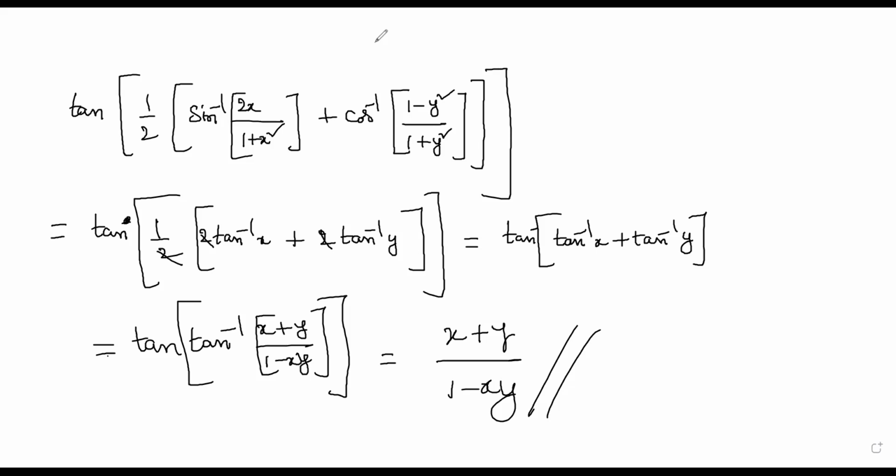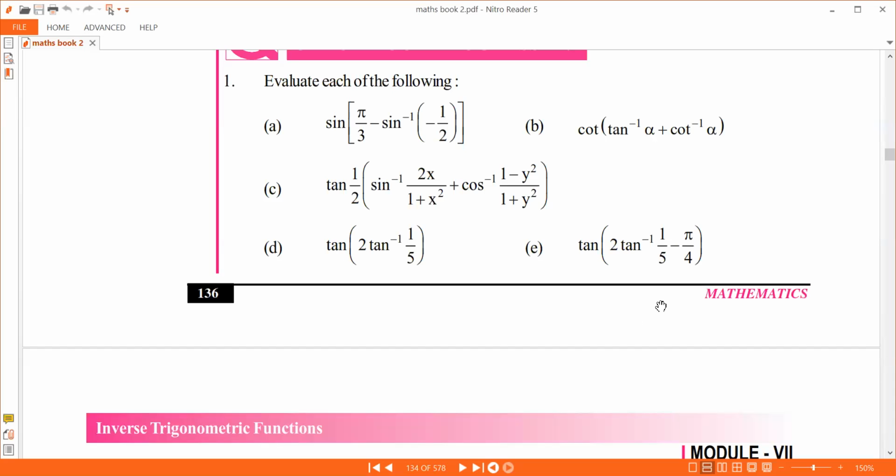Let's move on. The next one. Tan of 2 tan inverse 1 by 5.